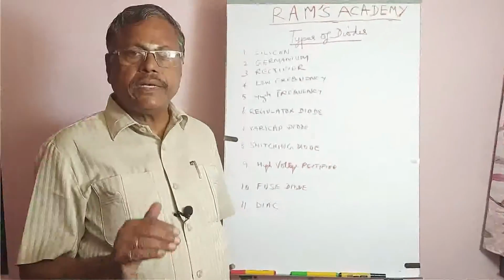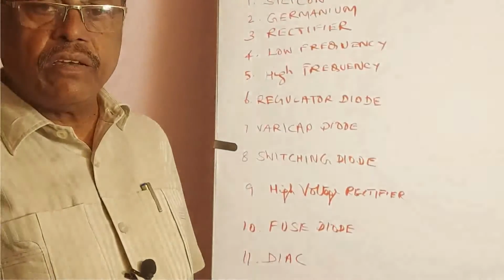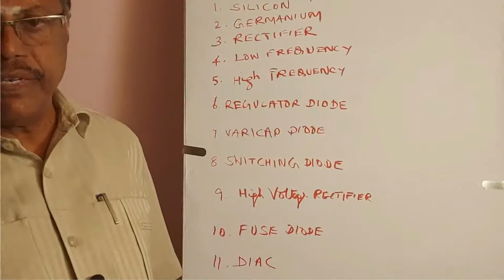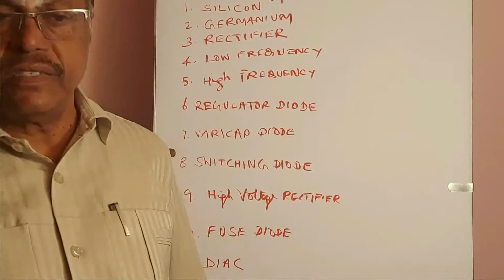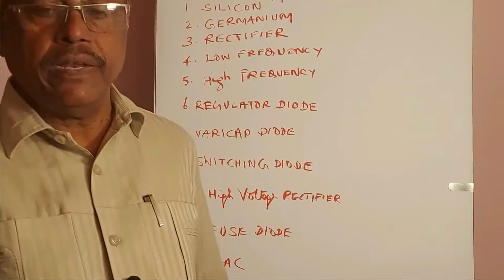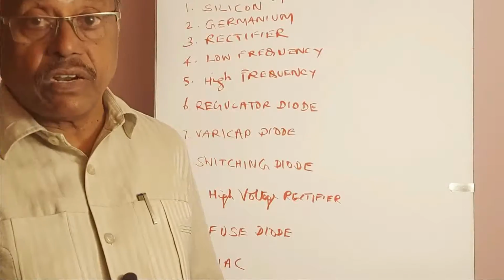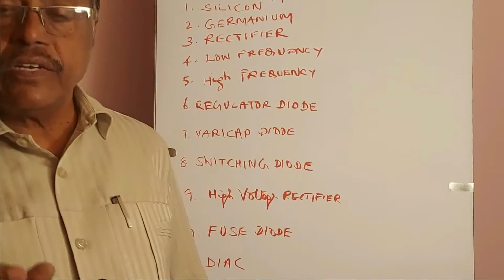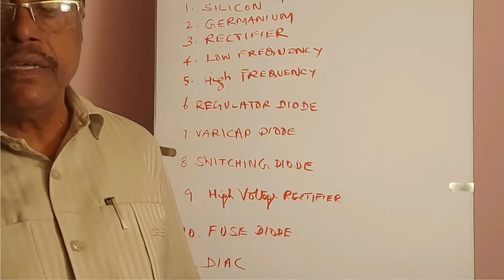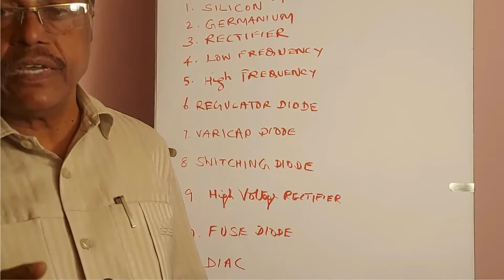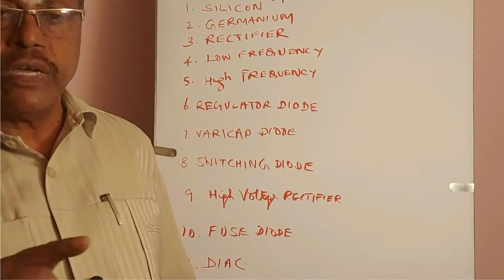Semiconductor diodes are manufactured using either silicon or germanium. When a positive potential is applied to the anode and a negative potential to the cathode, the diode starts conducting. Electrons flow from the negative terminal of the battery to the positive terminal.